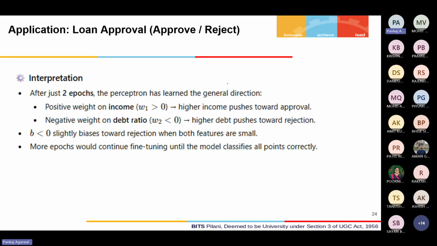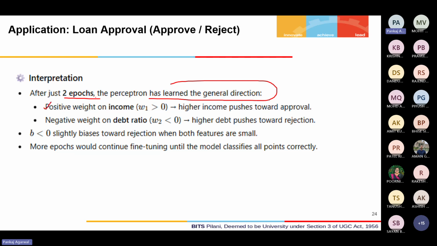As you can see, after two iterations, that is two epochs, the perceptron learned the general direction. Because in every epoch, we are trying to ensure that the error gets diminished or becomes minimum, and we reach towards the target value. That's the overall purpose, right?